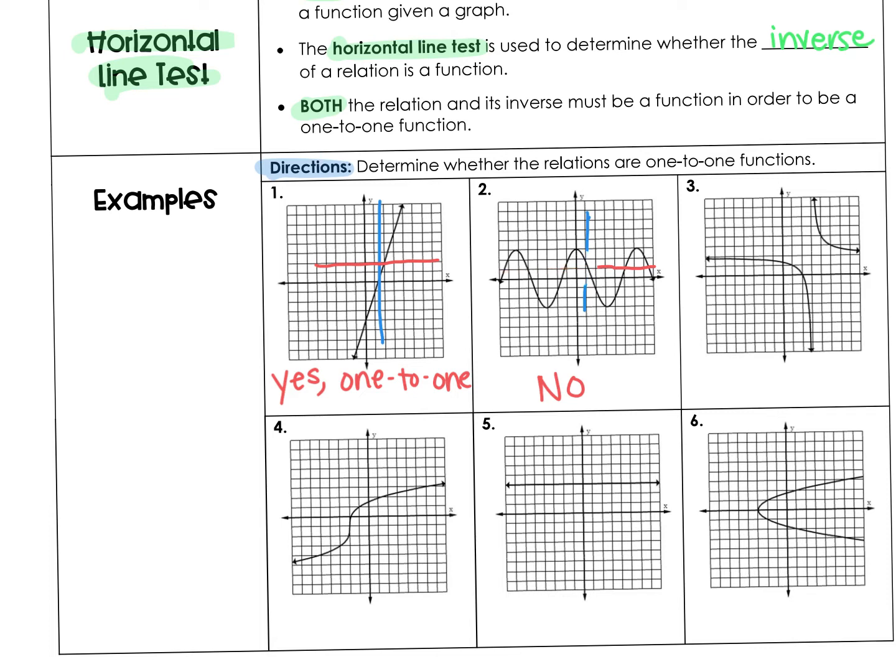Now, I do want to point out something here. You might notice that this looks like a sinusoidal function, like a sine or cosine graph. If you'll recall, we took inverses of these functions, and you might be thinking, if this function isn't one-to-one, how were we able to take the inverse?